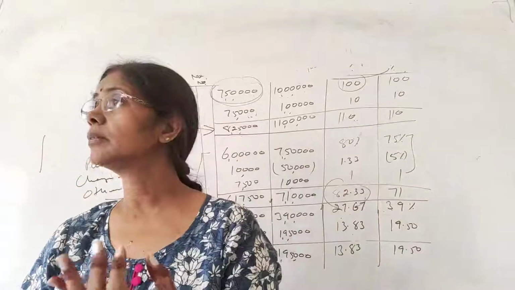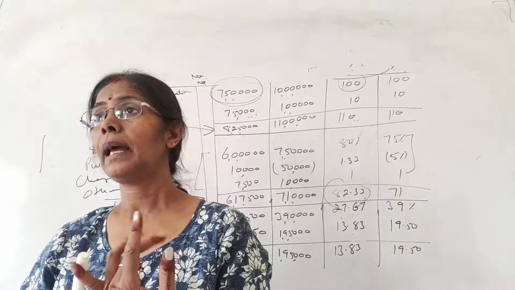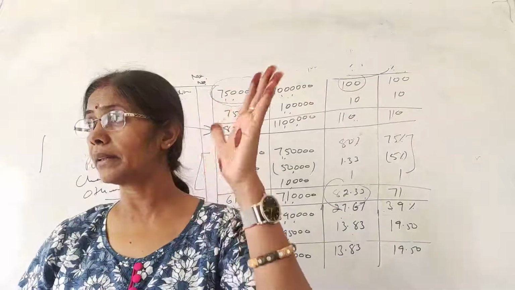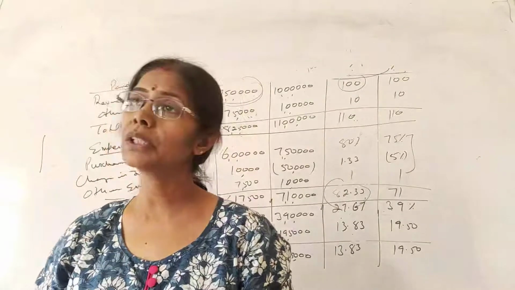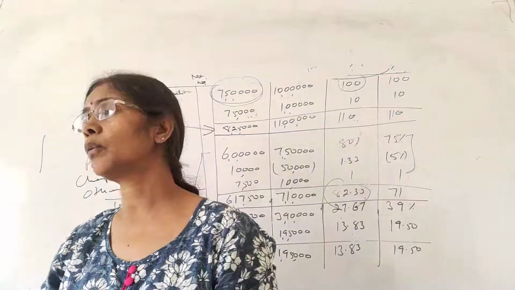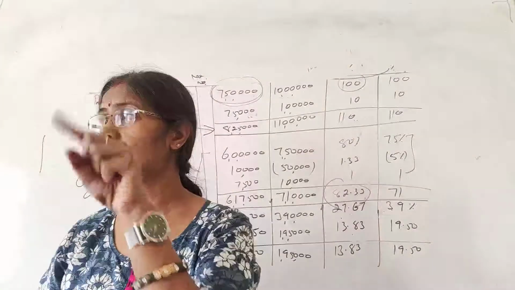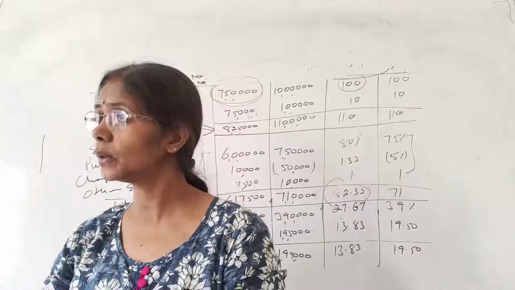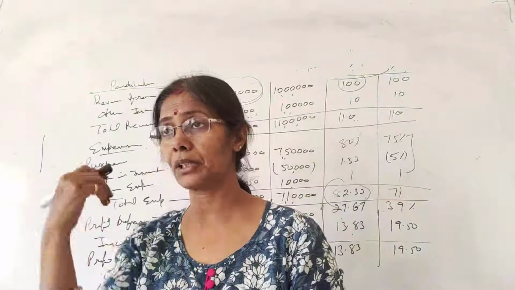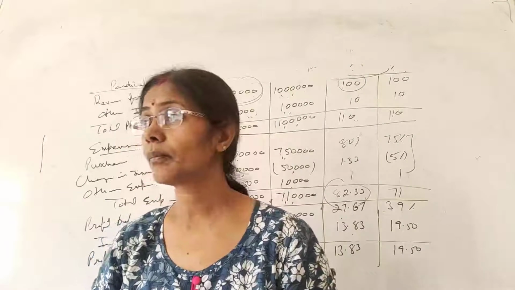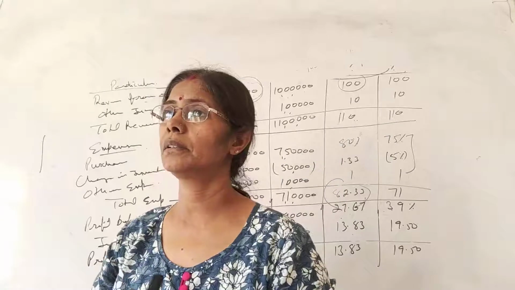The first one, we have to take care of the format, and in the format, which the Companies Act 2013 has given, Balance Sheet and Statement of P&L, what to do, what is our format there? First we take the current year, then comes the previous year. And in these questions, comparative and common size statement, especially in this chapter, what we are doing, we take previous year first and then we take the current year, all right.